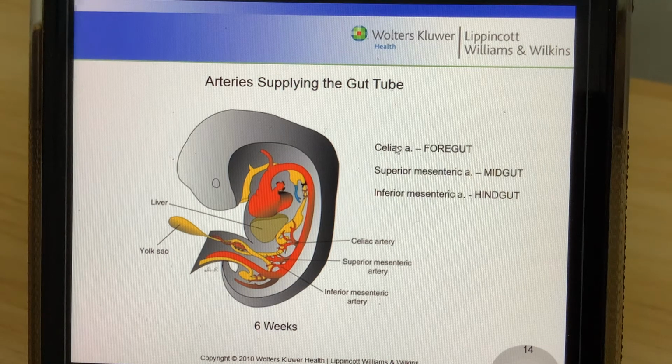The celiac artery supplies the foregut. The superior mesenteric artery supplies the midgut, meaning the middle portion of your intestine. And the inferior mesenteric artery supplies the hindgut.